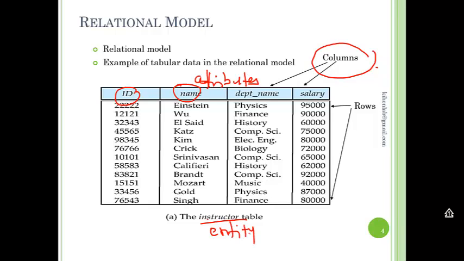These are the different records. You can take any row, and it is called a tuple, or it can be called a record of an instructor. The instructor is identified by its attributes, that is ID, name, department name and salary. So this is a relational model.